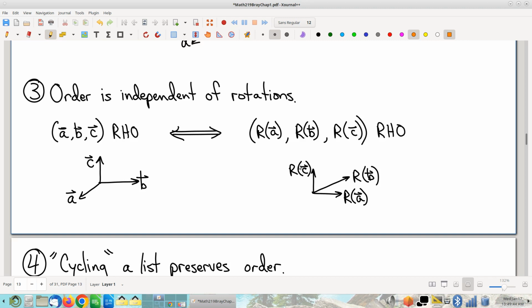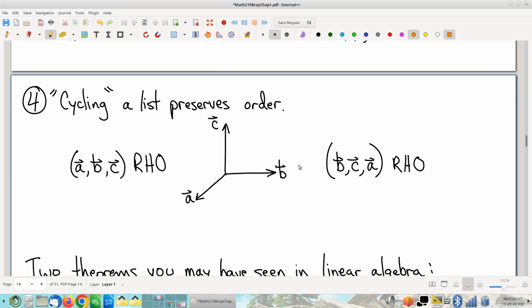And there's a fourth neat property that's worth mentioning, by the way, and that is that if you cycle, if you take the vector that is on one end of the list and take it over to the other end of the list, like so, this is called cycling. If you cycle the order of the vectors in a list, that preserves the order. And there's various different ways to think about this.